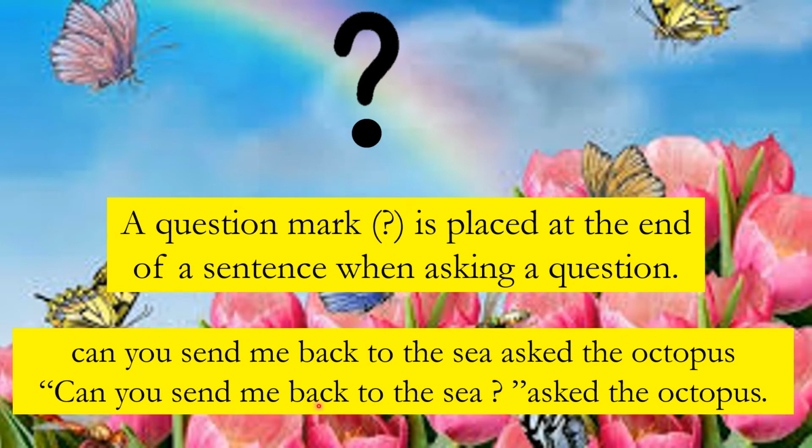At the end of the question, you put the question mark. There I put the red circle. So, can you send me back to the sea? That one is a question mark.